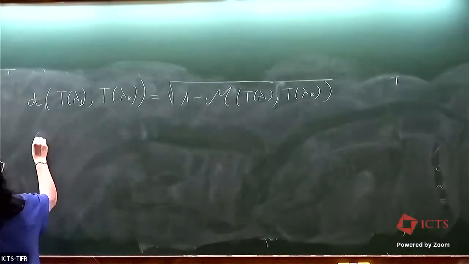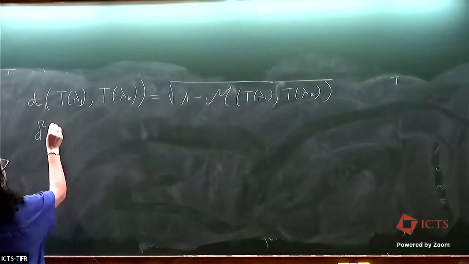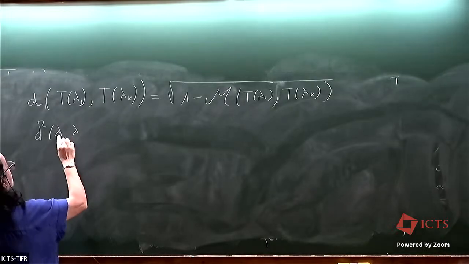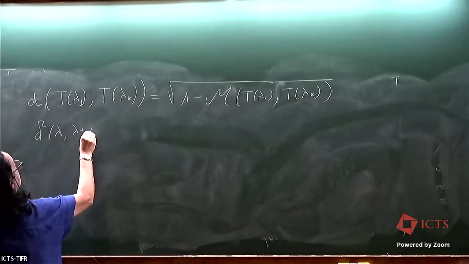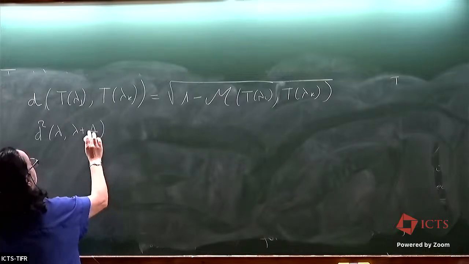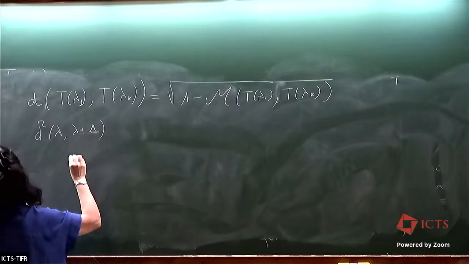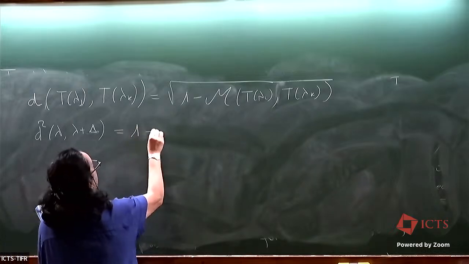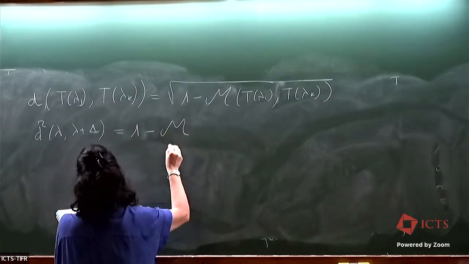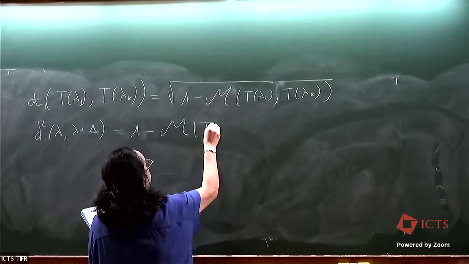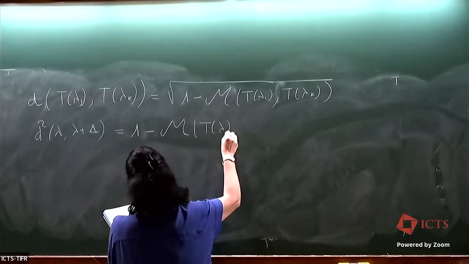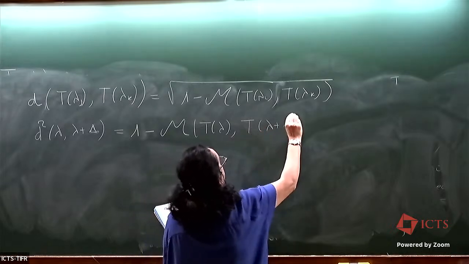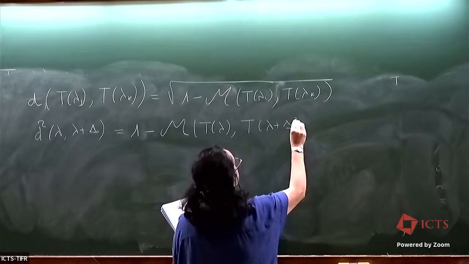So the distance square between, let's say, a certain point in parameter space and another point in parameter space slightly shifted, basically is 1 minus the match of these templates that depends on lambda, the template, of the other one that is slightly shifted.